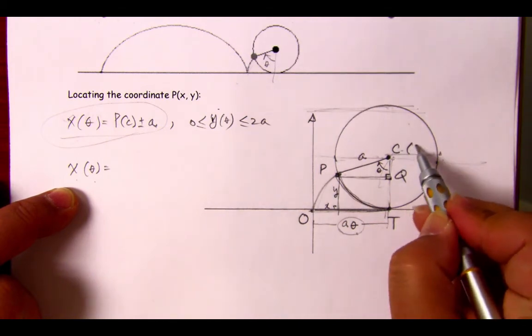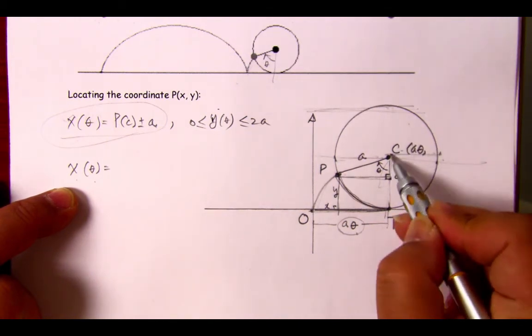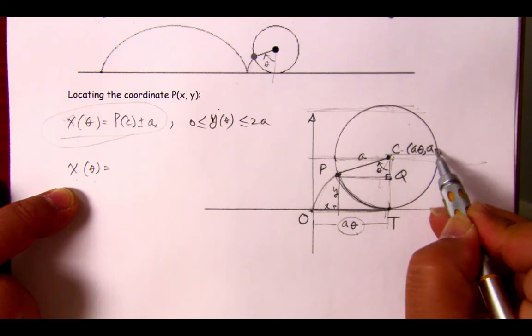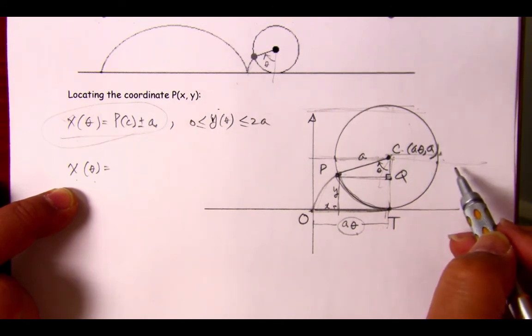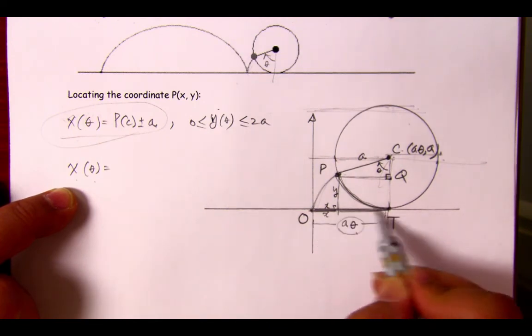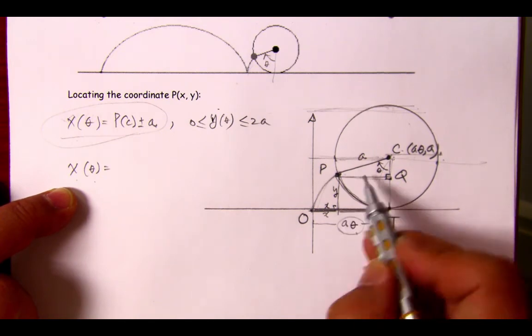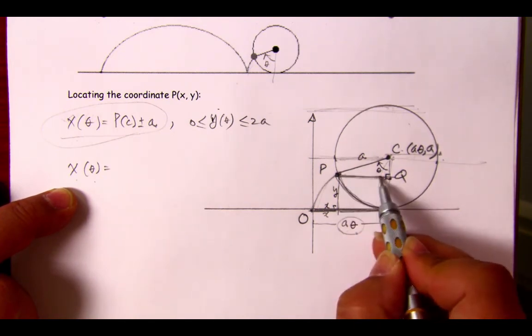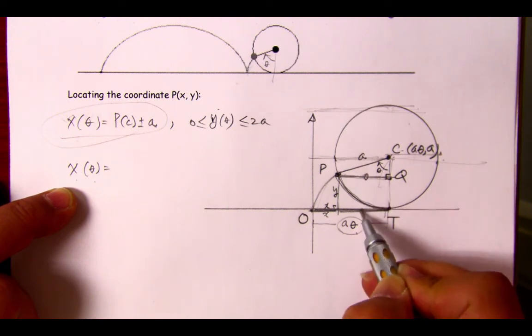So this position is just a theta, comma, the height here is just a. So this is constant, isn't it? And then there's this distance right here. This is the x. But what is this distance right here, guys? It's not the same as PQ.